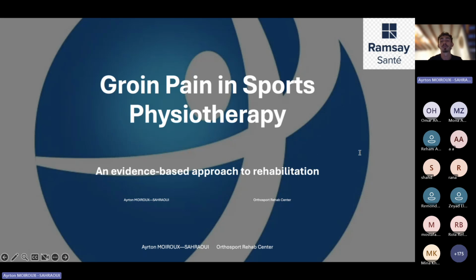After that, we will explore the various assessment strategies and special tests that will help pinpoint the source of pain. The discussion will continue with an in-depth look at the treatment process, which is divided into early, mid, and late phases of rehabilitation.